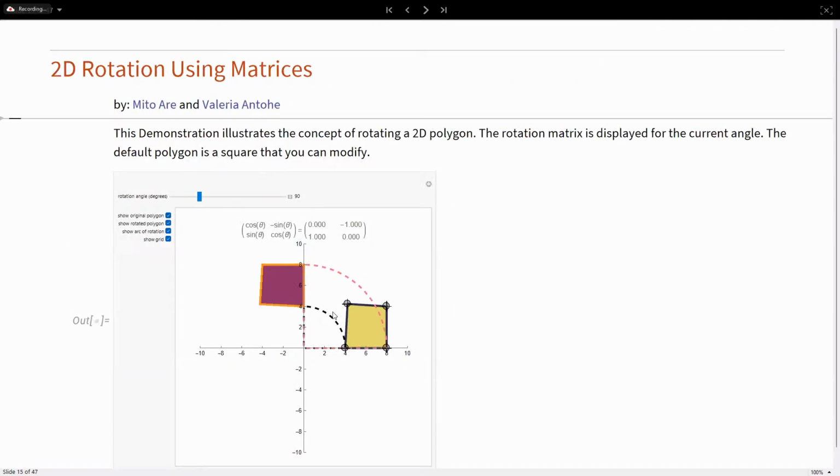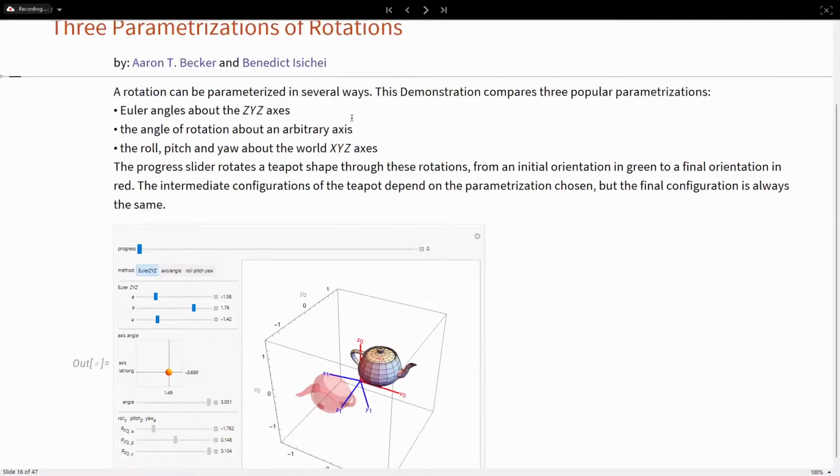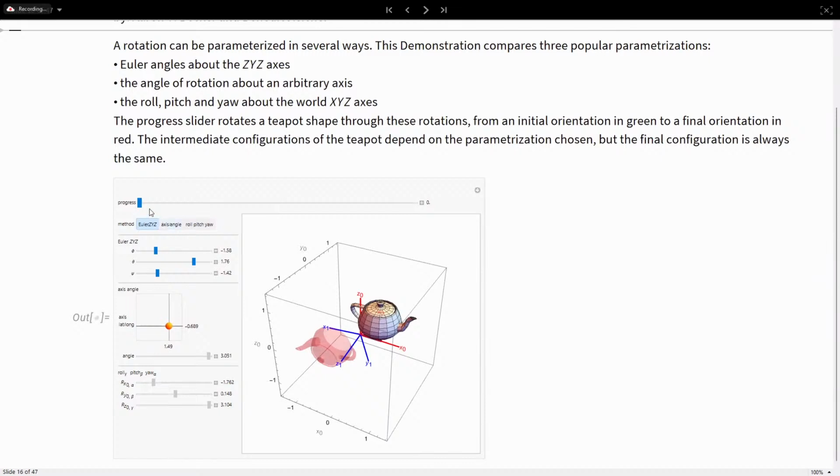We can also do a rotation of a matrix. And here's the representation for the 2D rotation matrix. And from there, we can get to a 3D rotation where it goes through 3 angles.